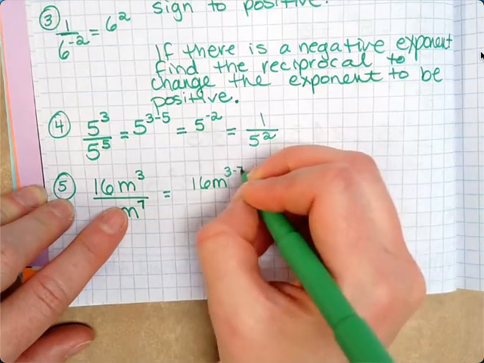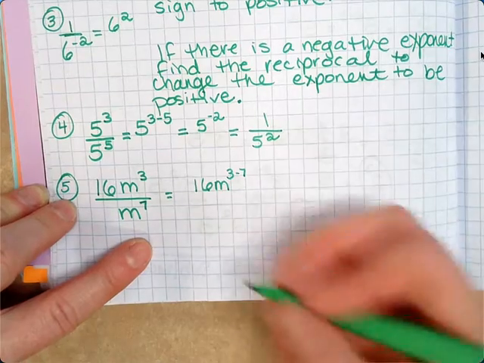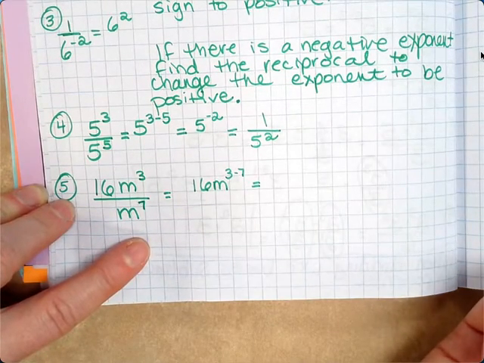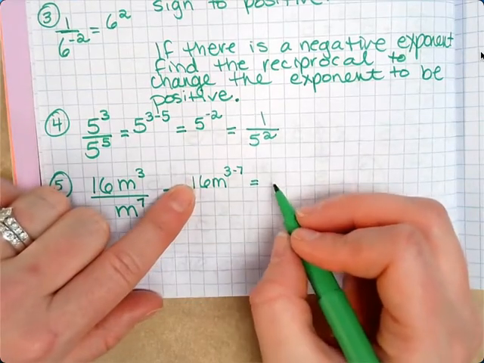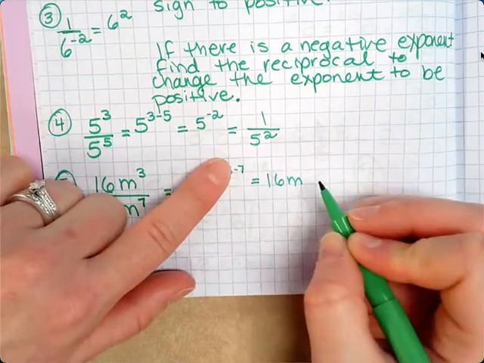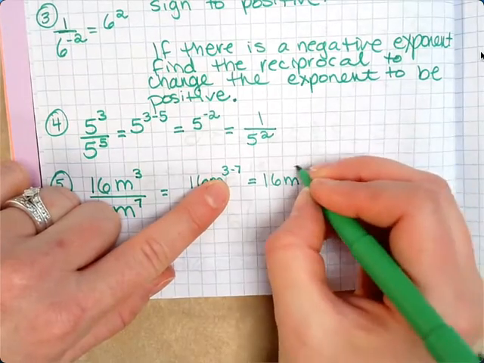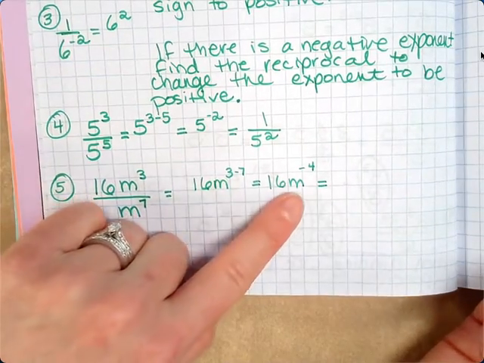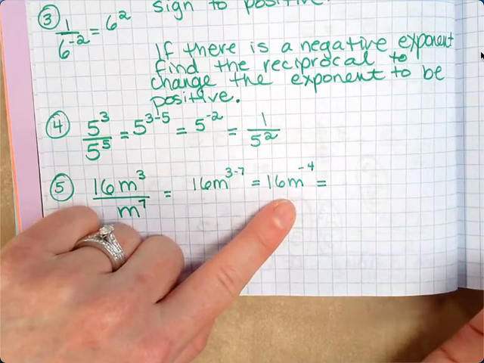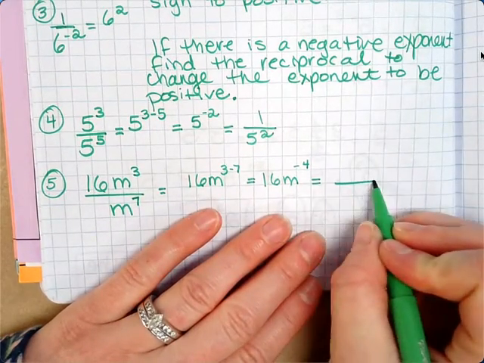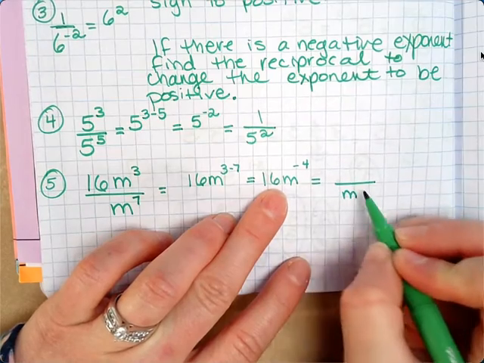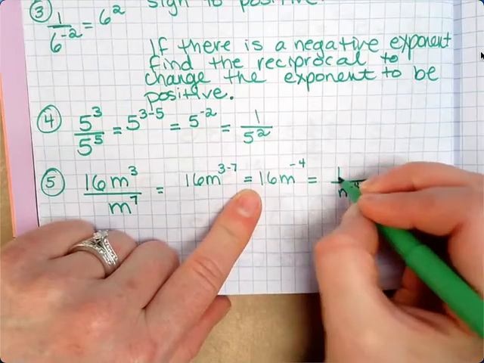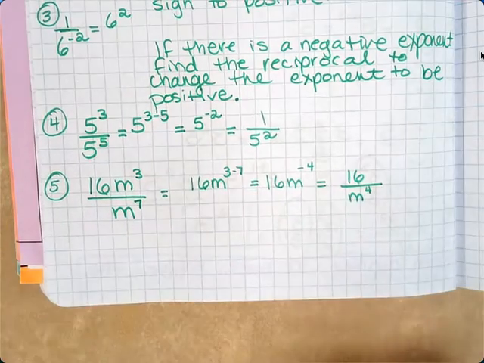So 16 m to the 3 minus 7. What's 3 minus 7? Negative 4. Then how do I change this m to the negative 4? Take it down to the bottom, find the reciprocal. What about the 16? Do I do anything with that? No. Keep it there.